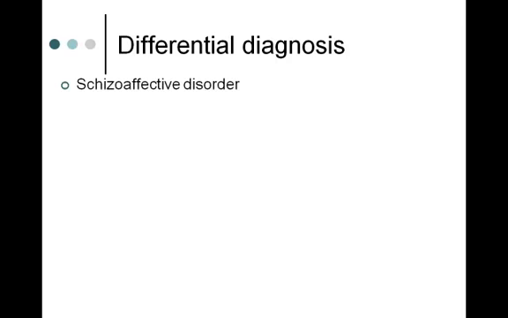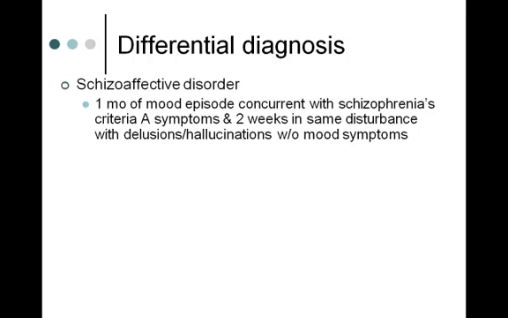Schizoaffective disorder we've talked about before. So this is when you have 1 month of a mood episode concurrent with schizophrenia's criterion A symptoms, and 2 weeks in the same disturbance with delusions or hallucinations without mood symptoms.